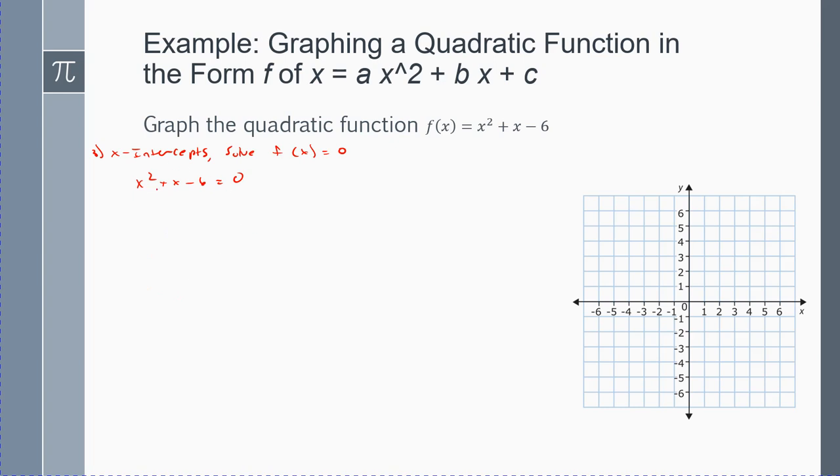You can see that this easily factors, right? Two numbers that multiply to negative 6 and sum to 1. So this is going to factor into x plus 3 times x minus 2 is equal to 0. And you either get x plus 3 is equal to 0 or x minus 2 is equal to 0. So the x-intercepts are going to occur at negative 3 and 2.